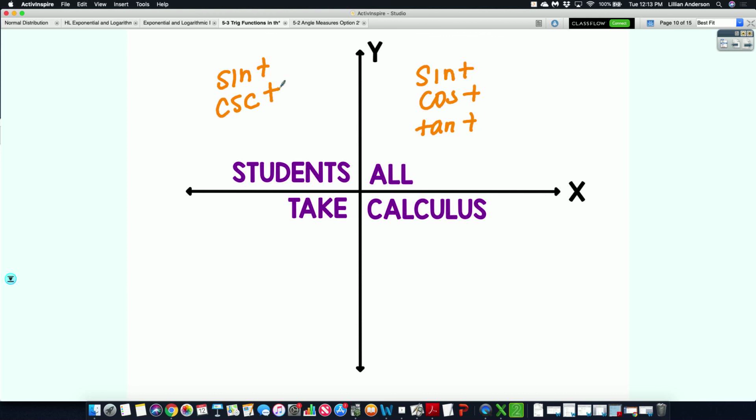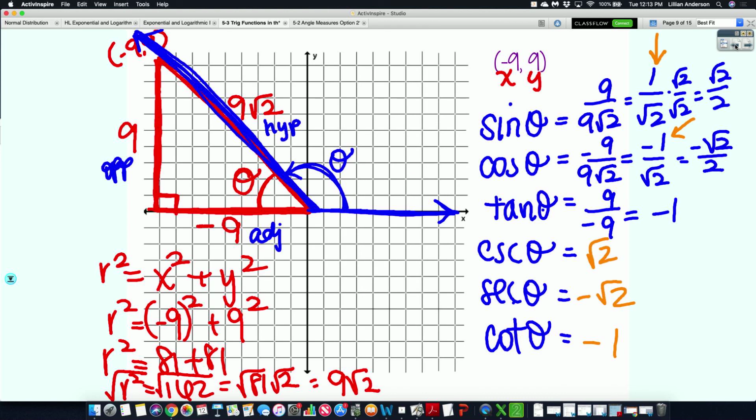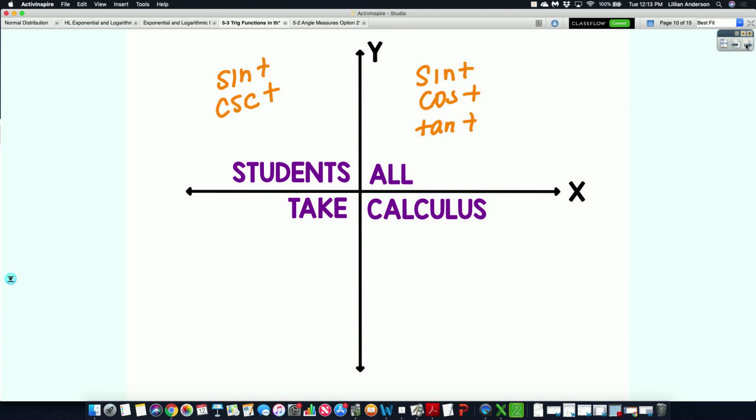You can look at the last example we did. It was in the second quadrant. Sine and cosecant were the only positive trig ratios. "Take" starts with a T, which means that tangent is going to be your positive trig function, and its reciprocal, which is cotangent.